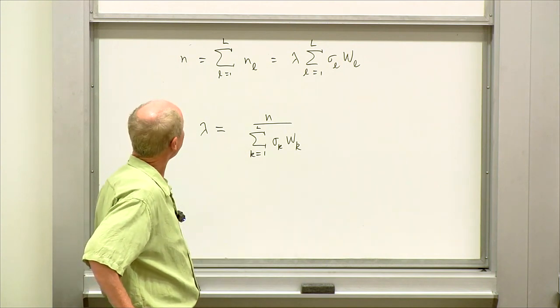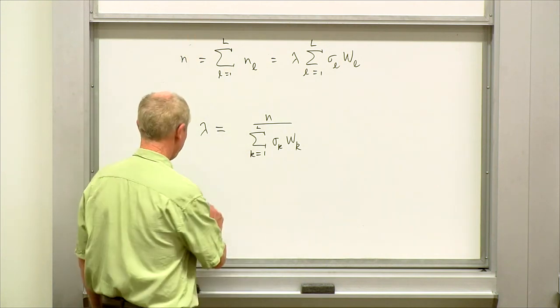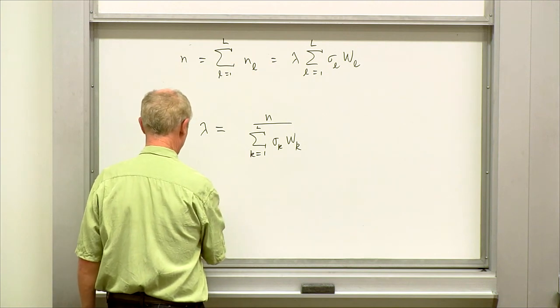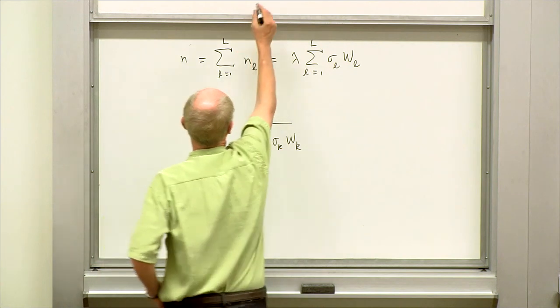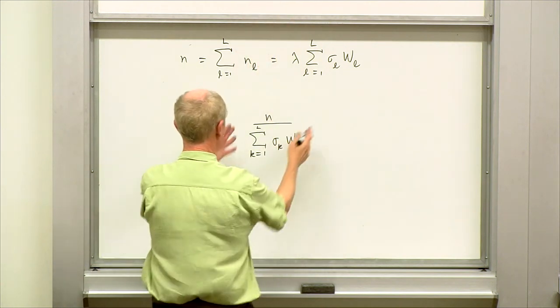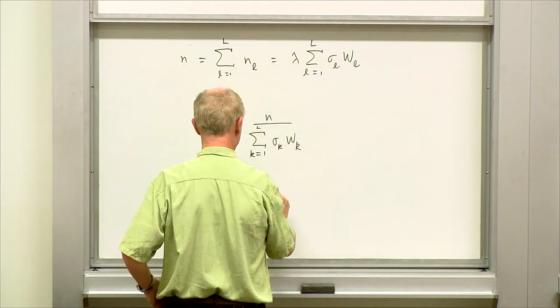So that's lambda. So what's n sub L? It's lambda times this. So I multiply this by sigma L WL.